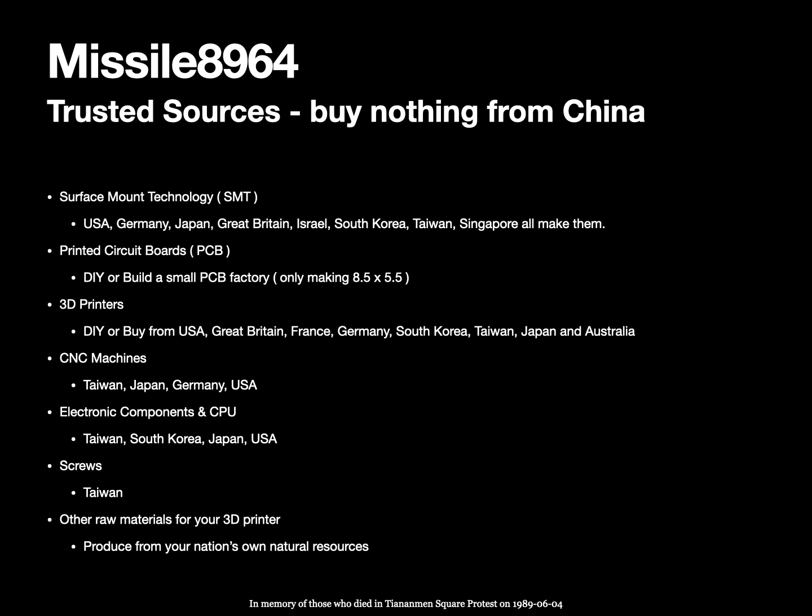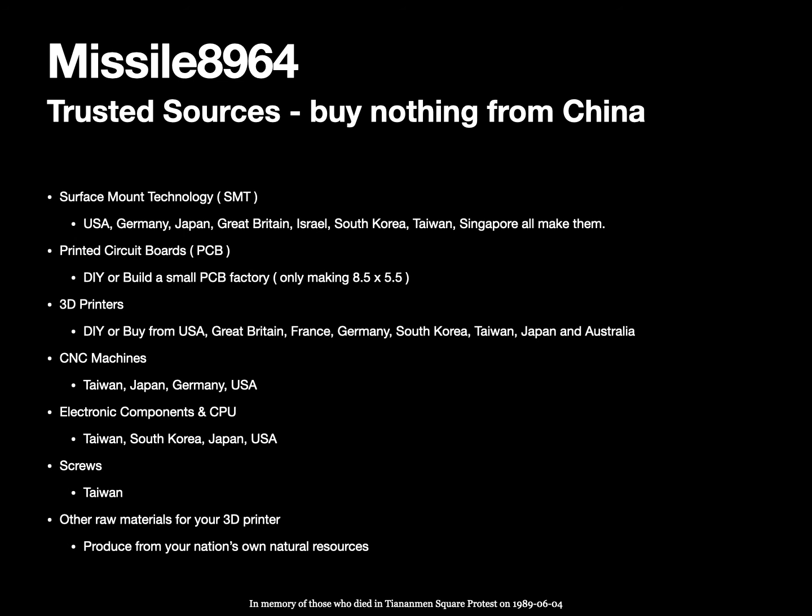For the electronic components in the CPU, Taiwan, South Korea, Japan, and USA all have the capabilities to make them. And if they don't make them for some of the components, it will be very fast for these countries to ramp up production within 3 months, before December 1st.